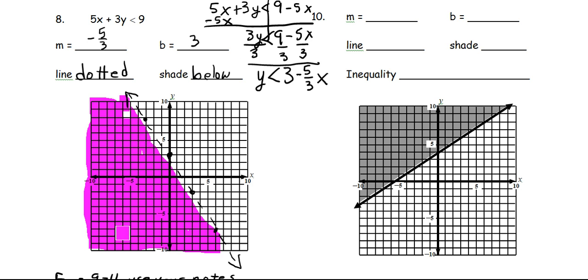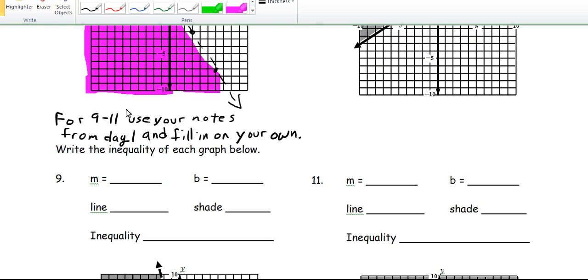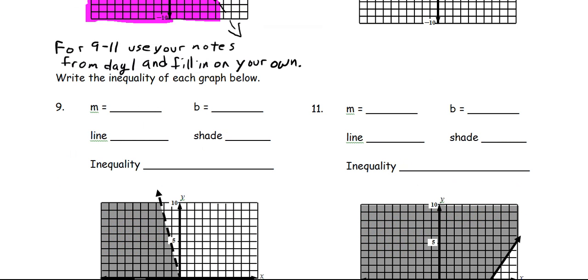Now, numbers 9 through 11, if you will notice, are just like day 1 assignment. So what I want you to do is go back to your day 1 notes, use those to find your inequality.